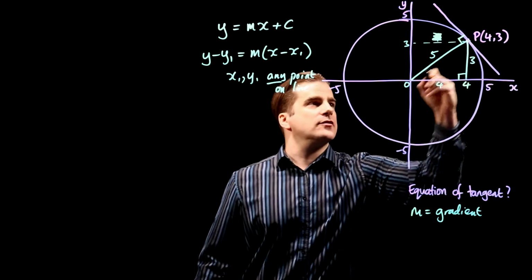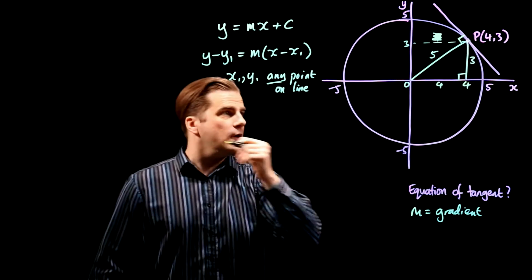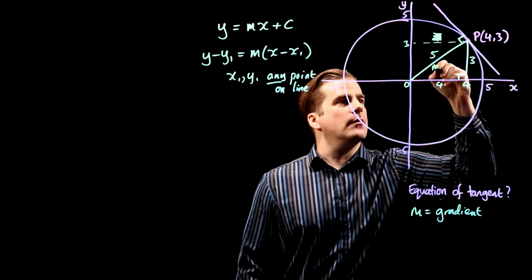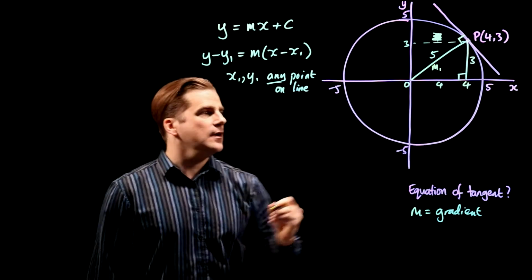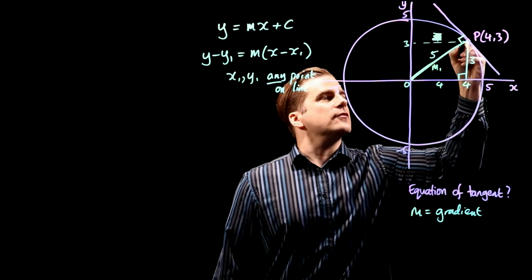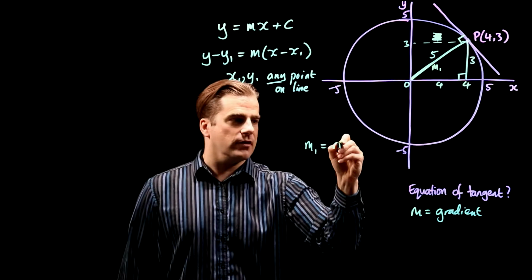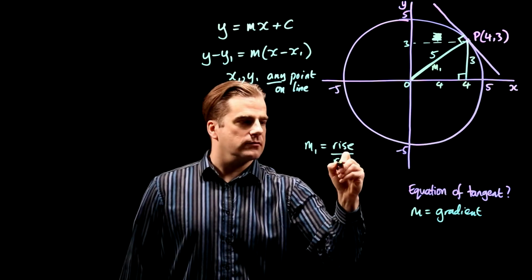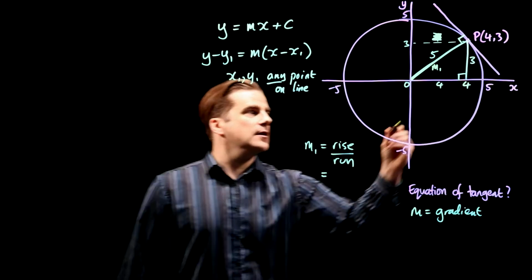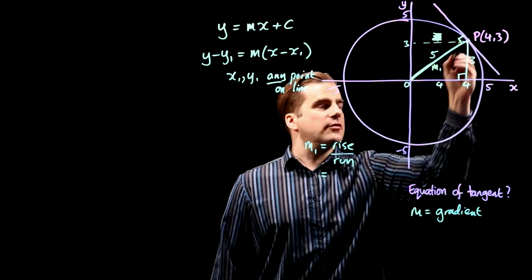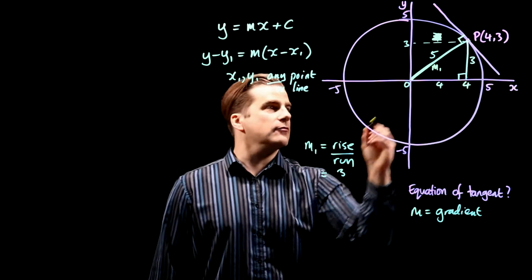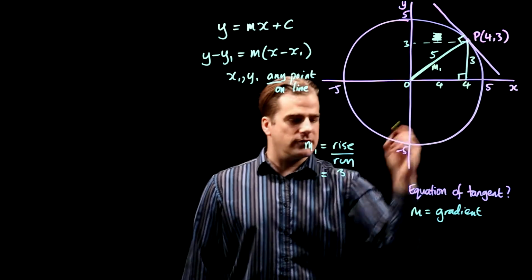So, what's the gradient of this line? Let's call that m1. Gradient of this line, m1, is the rise over the run, which is, the rise is easy, it goes up 3, and the run is easy, it goes along 4.